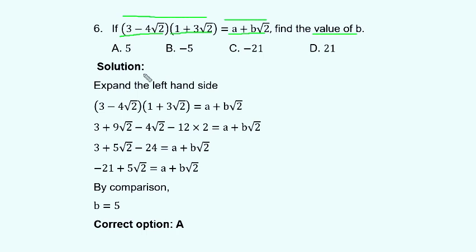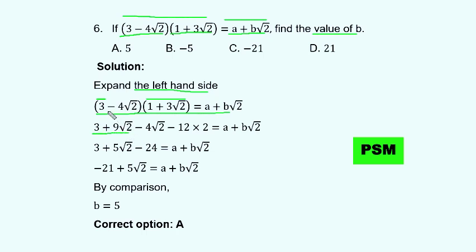Alright, solution. Expand the left hand side. You have the given expression. To do that, you take the first term in the first bracket to multiply the second bracket. You have this result.